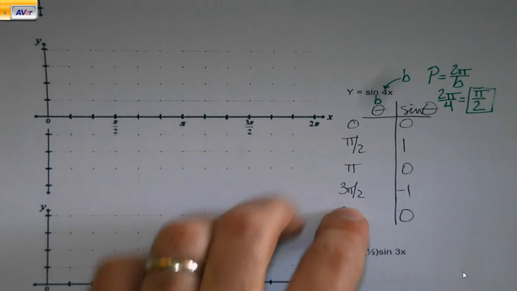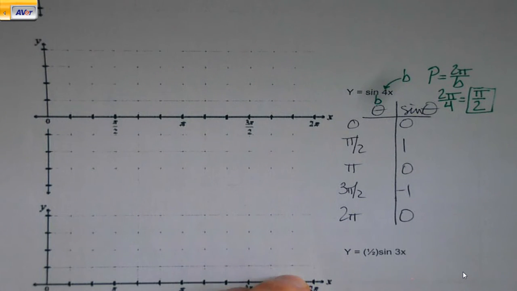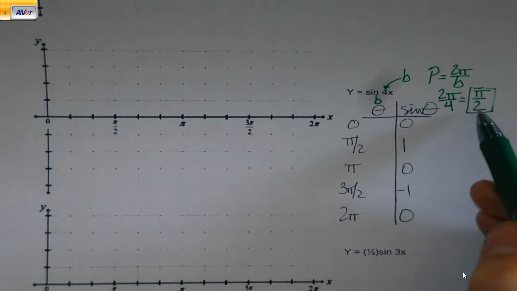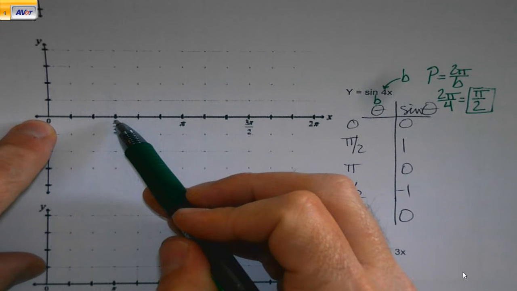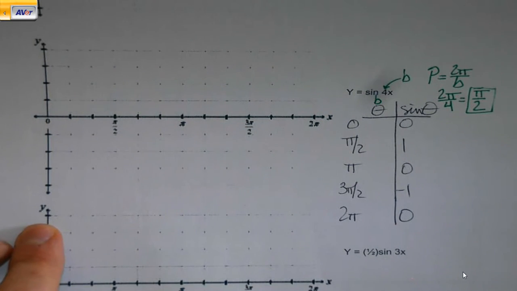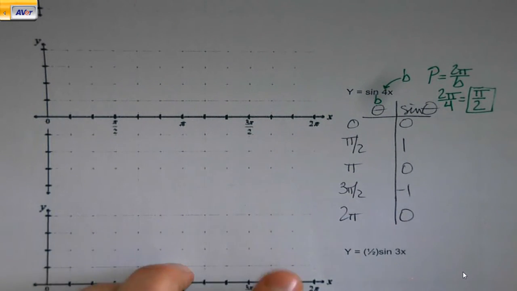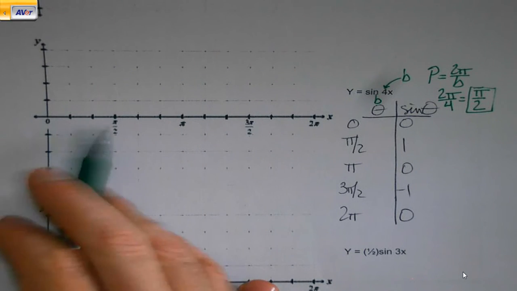So now life gets a little more interesting, and I'll show you how we can adjust with this. This means my entire sine graph is going to do its total cycle between these two spots. We're going to get really squished in here. You're like, well, how do I get the values that go in here?